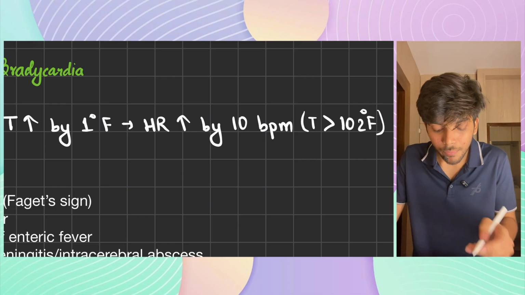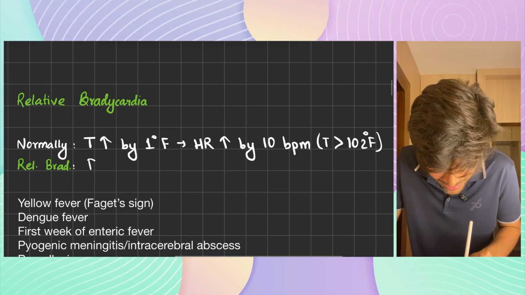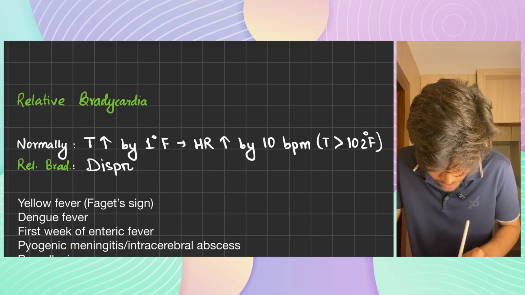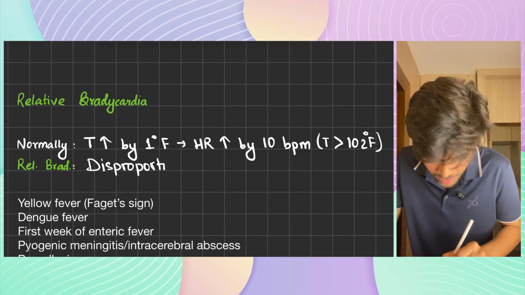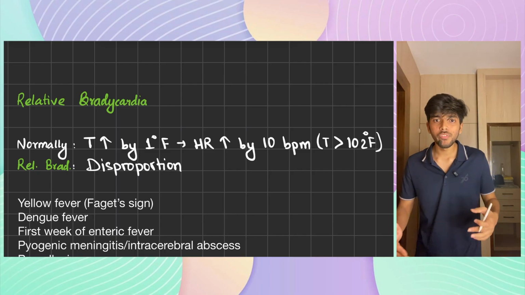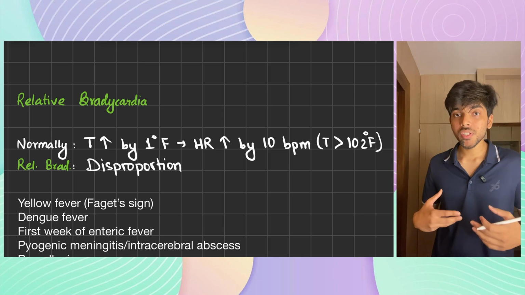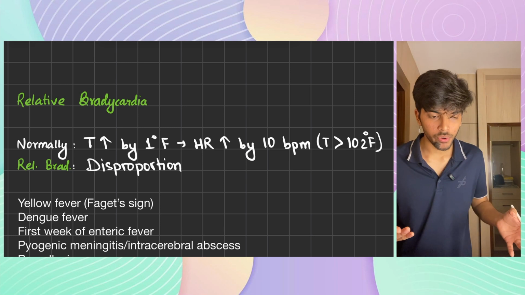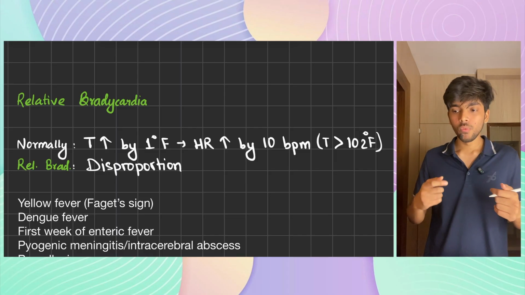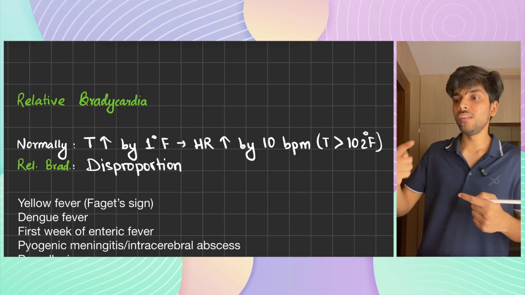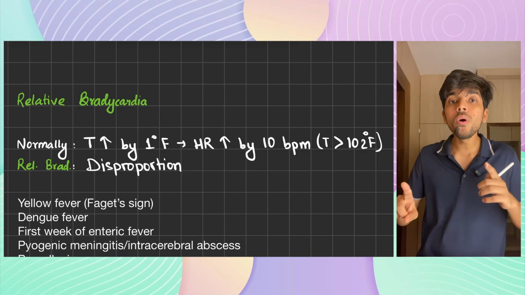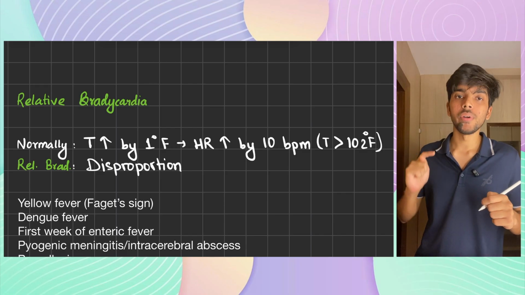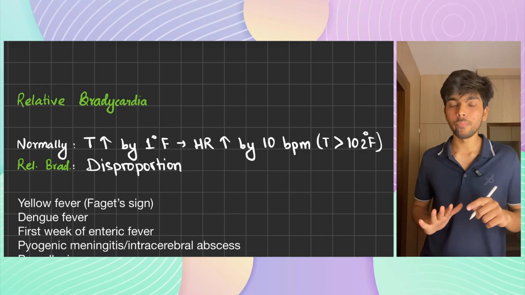But in relative bradycardia, there is disproportion. That means in relative bradycardia, due to various infections, the person gets fever of temperature greater than 102 degree Fahrenheit. But with rise in temperature by 1 degree Fahrenheit, there is no rise in heartbeat by 10 beats per minute. So that's a relative bradycardia.